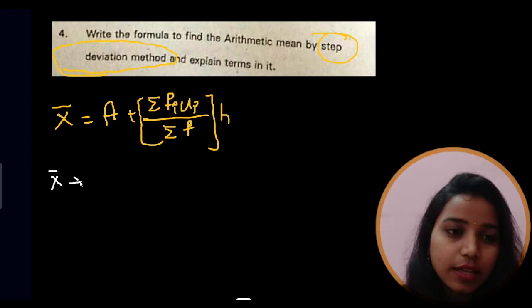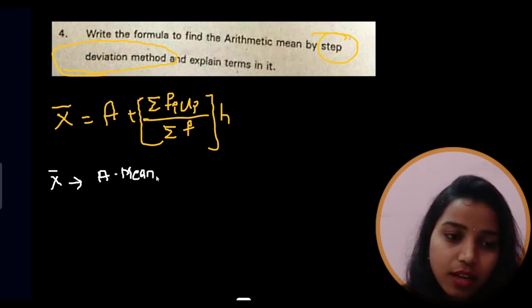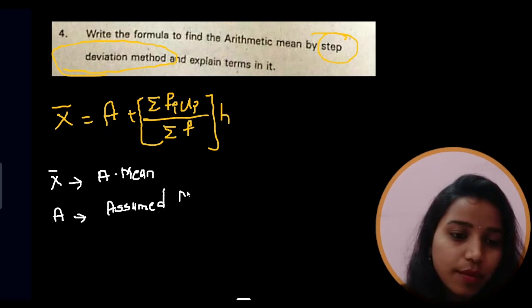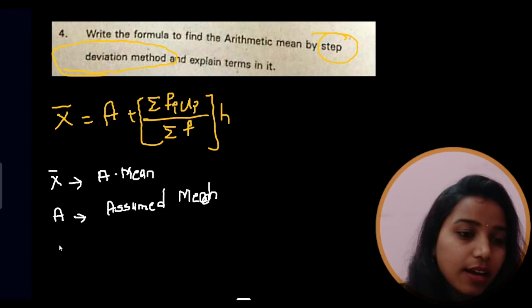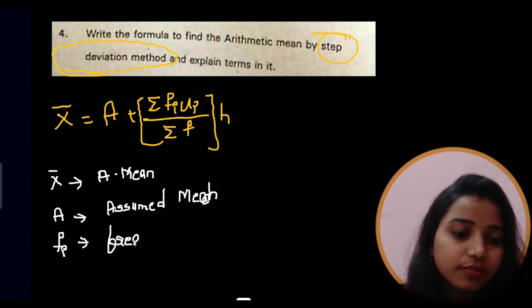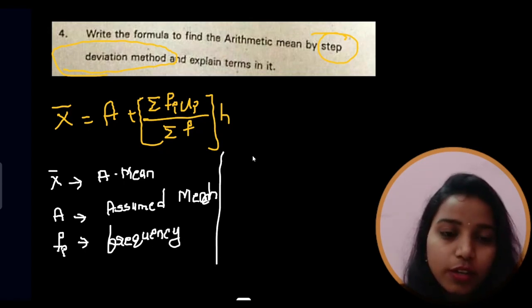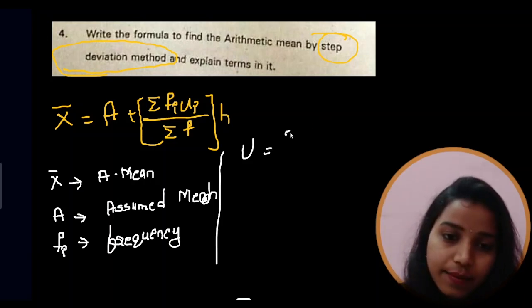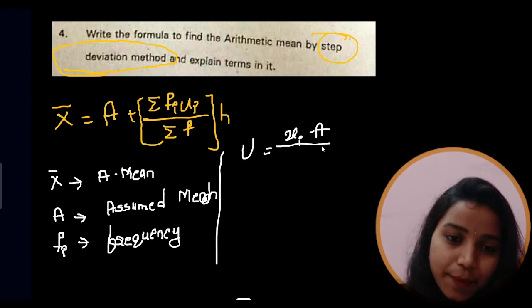So here, x bar is nothing but the arithmetic mean, which we are going to find. A is the assumed mean. F is the frequency of the class. And for u we have a formula: u is equal to x_i minus A by h.